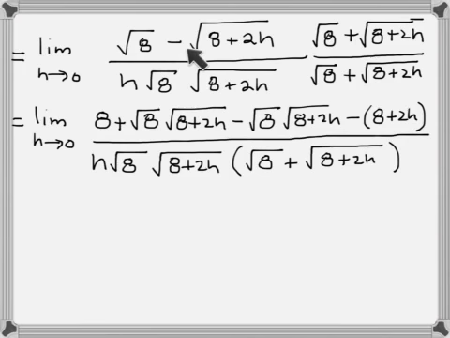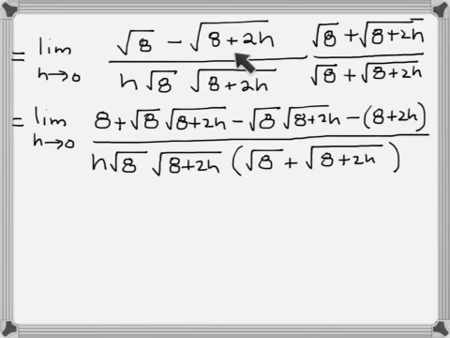You would do that by foiling out these things on the top here. Square root 8 times square root 8 gives you this 8 right here. And then I would do outer times outer. That would give me this square root 8 times square root 8 plus 2h. Inner times inner would give me this negative 8 square root 8 times square root 8 plus 2h.